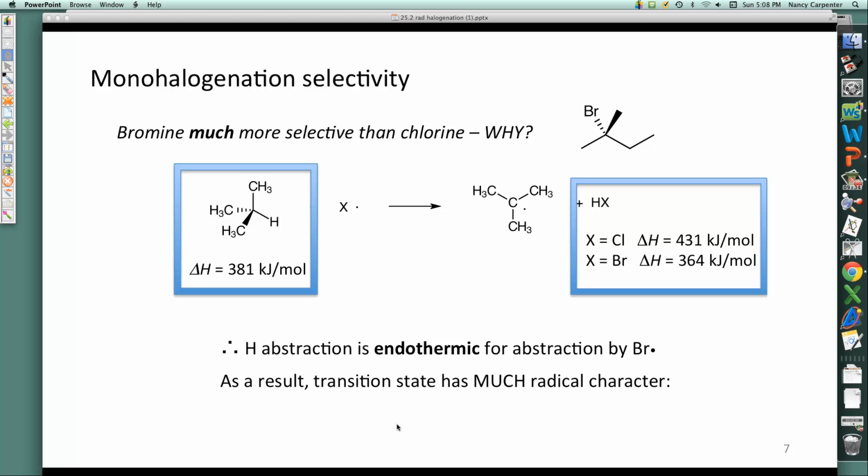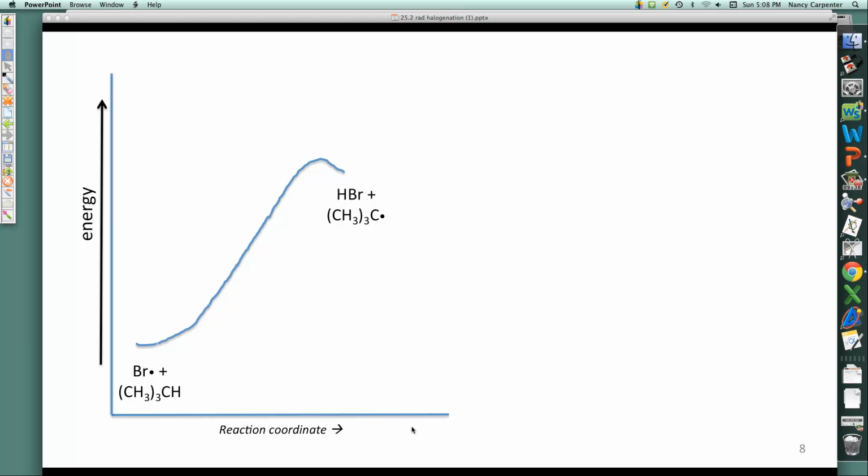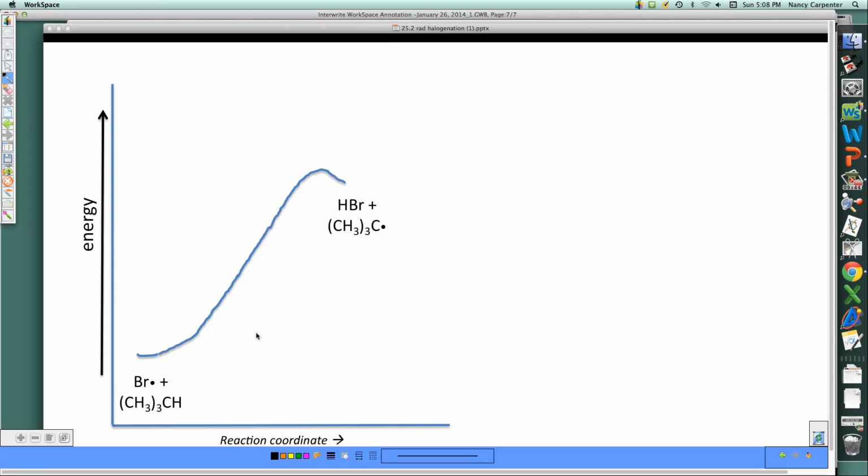So what is that in looking at the activated complex at the transition state in this step? So here's our reaction coordinate. Our starting materials are the bromine radical and 2-methylpropane.